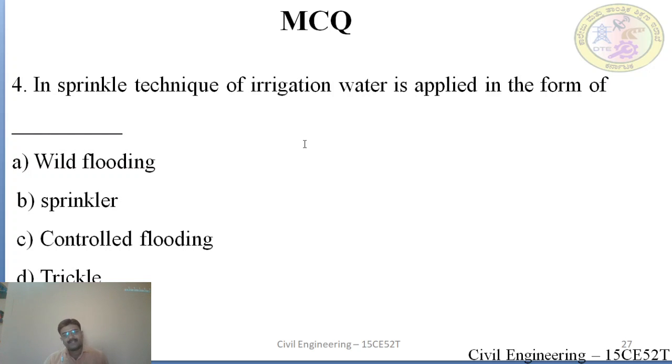Next one: in sprinkler technique of irrigation, water is applied in the form of what? Options given are wild flooding, sprinkler, control flooding, trickle. Since the water is sprinkled, it's B. In sprinkler irrigation technique, water is applied in the form of sprinkles.